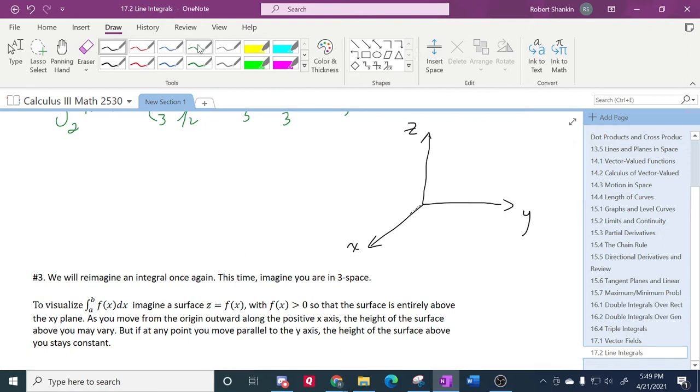I may have some surface above here that's changing as I go like this. But if at any point you move parallel to the y-axis in either direction, the height doesn't change. You still have the same kind of thing.